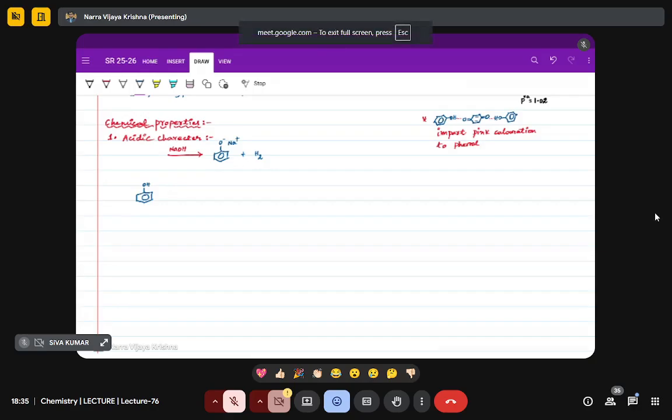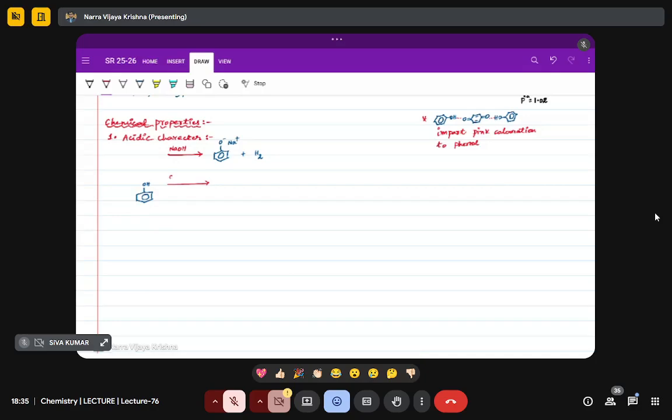Then with CH3COCl, acetyl chloride, in presence of pyridine. Now what happened? Can write phenol like this, right?